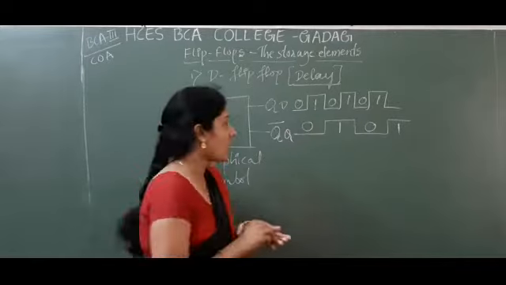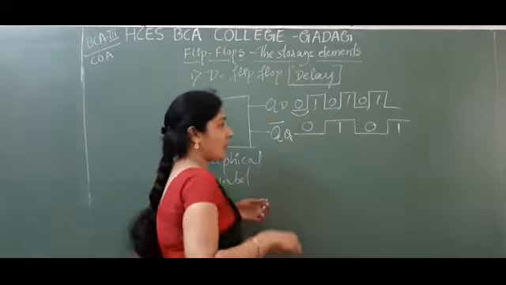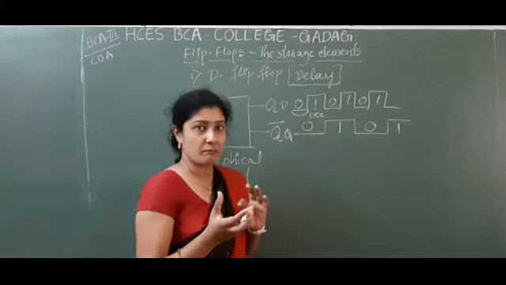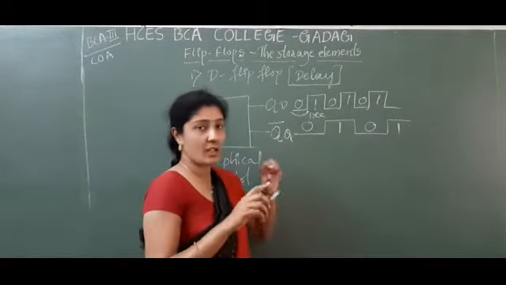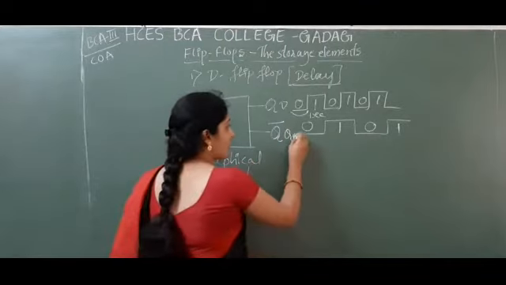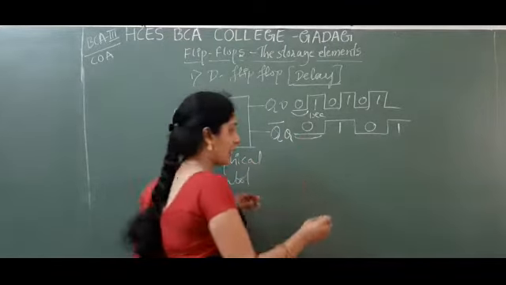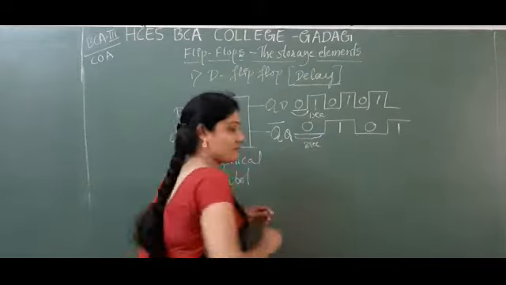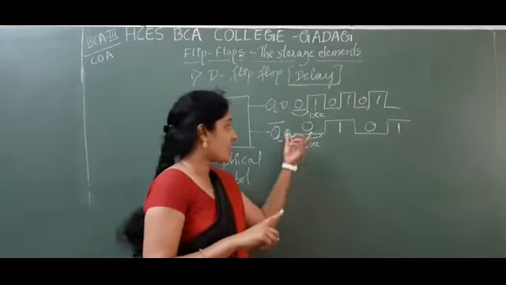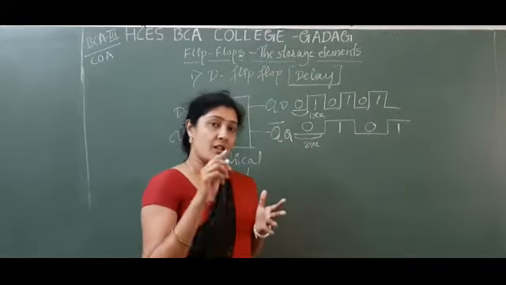For example, if this 0 takes 1 second to complete its cycle, then obviously this takes double, that is 2 seconds. So here this value has taken 1 second, the same value here has taken 2 seconds.